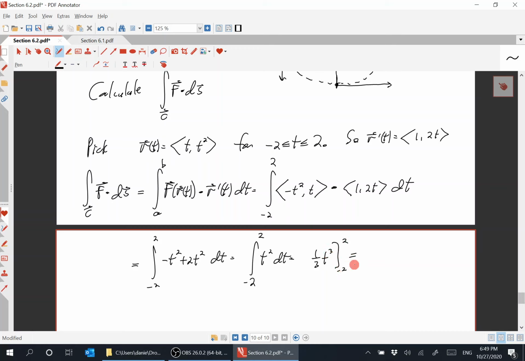So that's 8 plus 8, so 16 thirds. Okay, so the work done there is 16 thirds, whatever units of work you're doing there, joules or Newton meters, whatever the case might be.